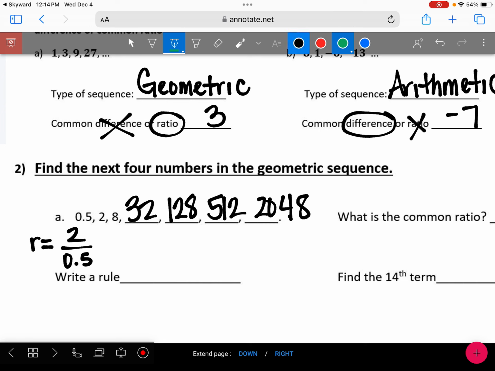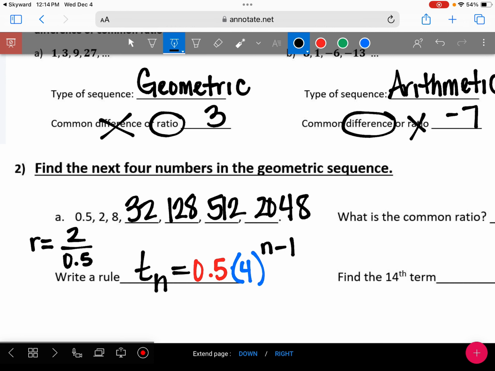So for this one, T sub n equals the first term, which is 0.5. Now, I generally always put my R value in parentheses. You don't have to do that. You could just put a times 4. I don't like that, though. I always put it in parentheses. I just think it looks cleaner. It's part of my OCD. And that's to the power of n minus 1.